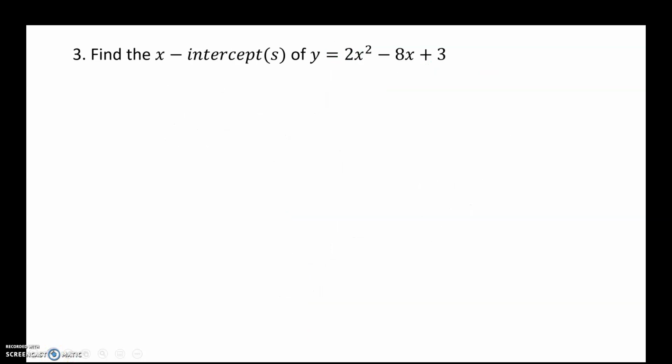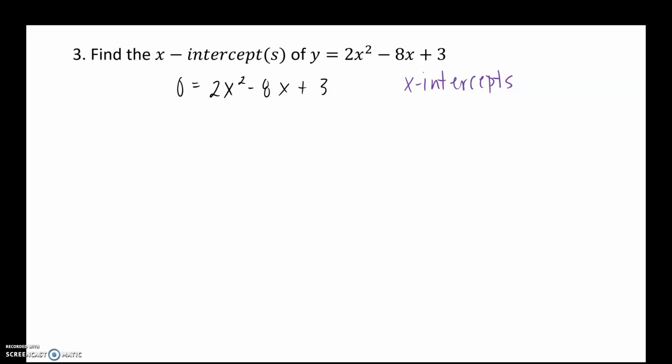Okay, and then lastly, now find the x-intercepts of this function. Okay, x-intercepts. I replace y with 0, and I attempt to solve for x. Actually, we're going to stop here for the interest of time.